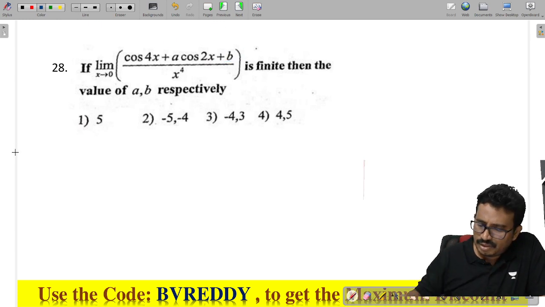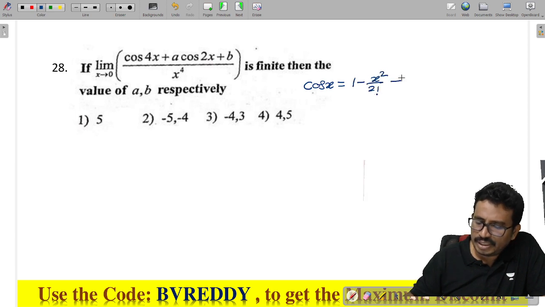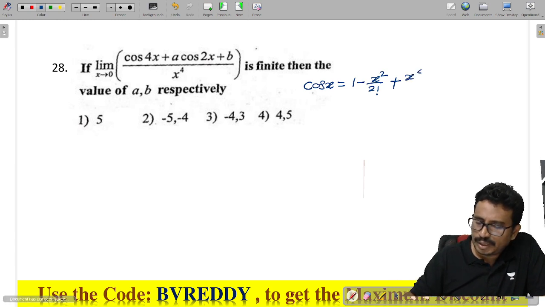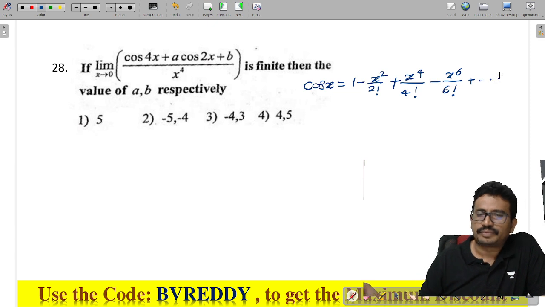So as you might know here, cos x expansion, which is 1 minus x squared by 2 factorial. Even powers will come, plus minus alternatively will come. x power 4 by 4 factorial minus x power 6 by 6 factorial. Like this will continue.